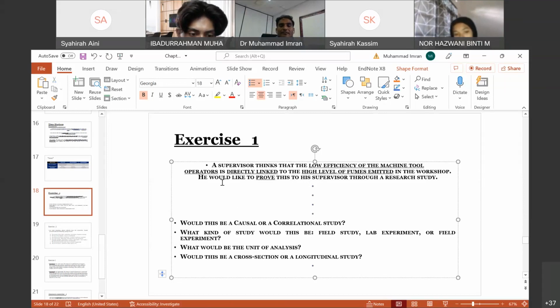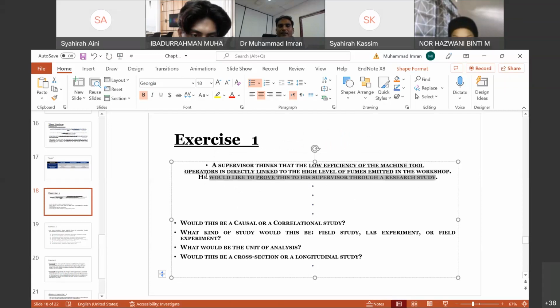Here, the supervisor thinks that the low efficiency of the machine tool operation is directly linked to the high level of fumes emitted in the workshops. This is the research title, by the way. He would like to prove this to his supervisor through a research study.